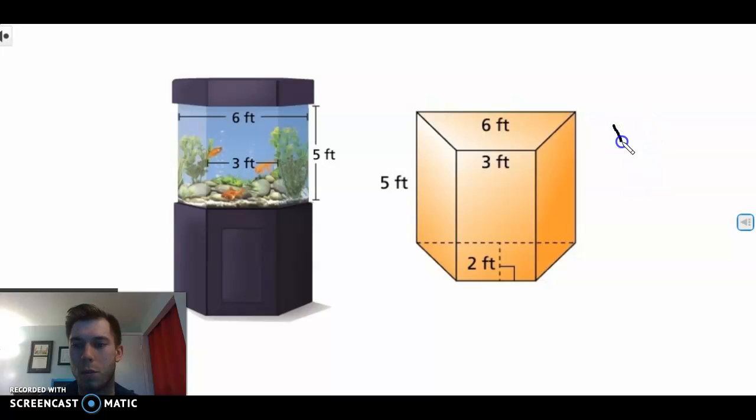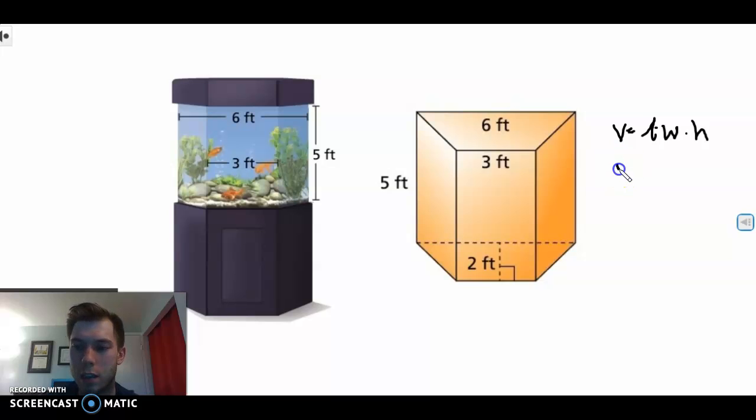Well, as I mentioned before, the formula that you guys are used to with volume is the length multiplied by the width multiplied by the height. That works well for a cube or a rectangular prism, but not so much when you start dealing with other prisms. If you recall, with a rectangular prism there's another way that you could manipulate this formula to get a different, more condensed formula.